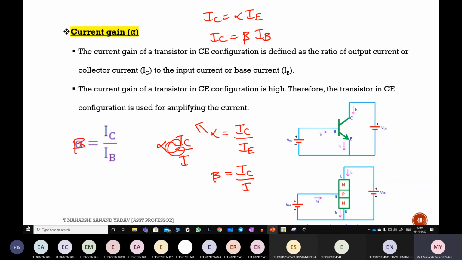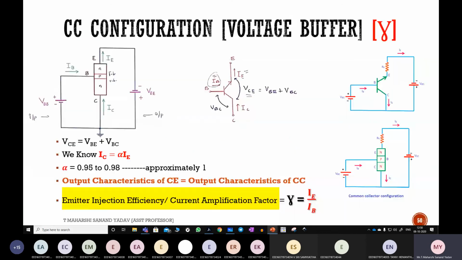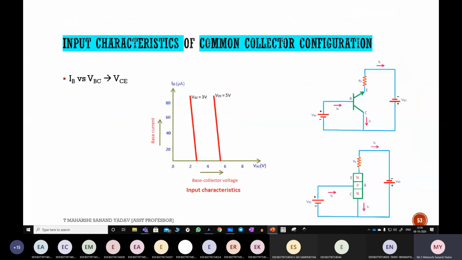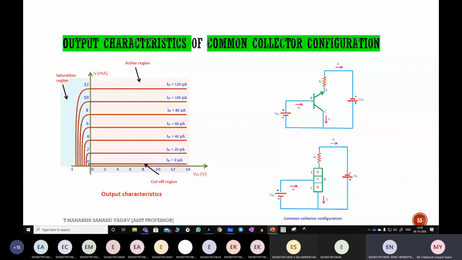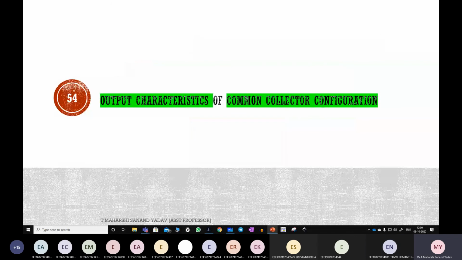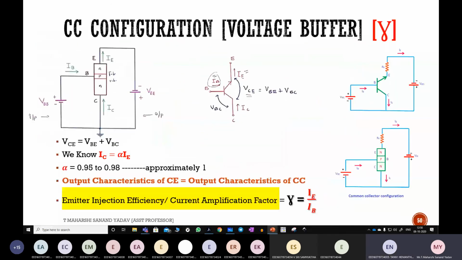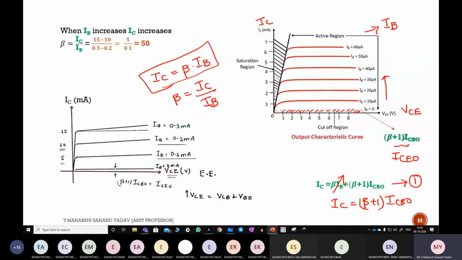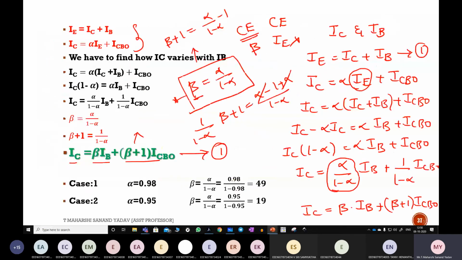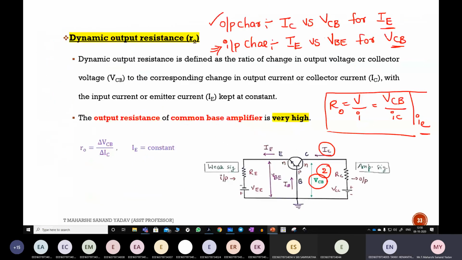So beta is equal to IC by IB, which is nothing but current gain, or it can also be called transport factor. Better you revise till here because if I go further, you'll get saturated. Again, this is also a simple concept. Once you go through, you'll understand this one also. Characteristics will almost be the same as CE only. So if there are any doubts in these two configurations, CE and CB, let me know.